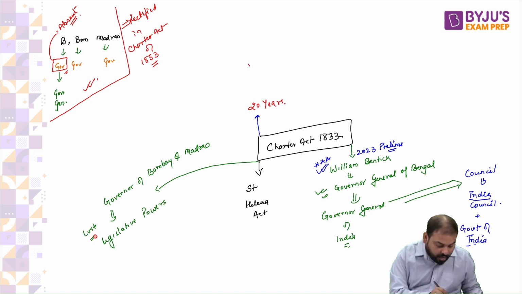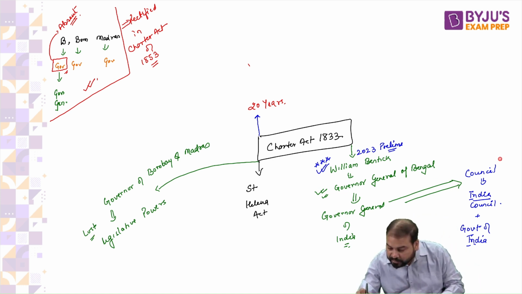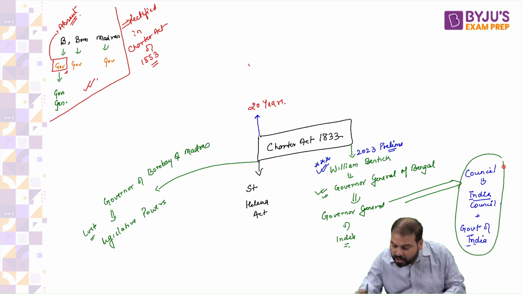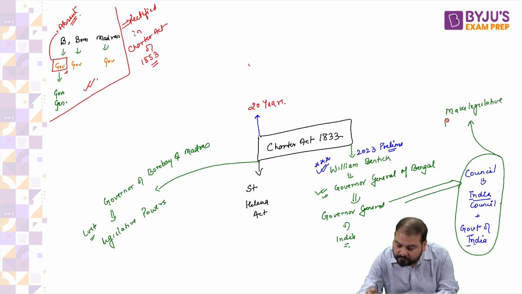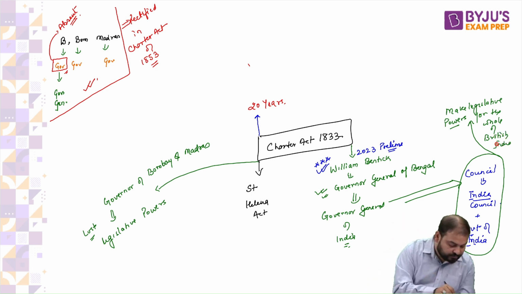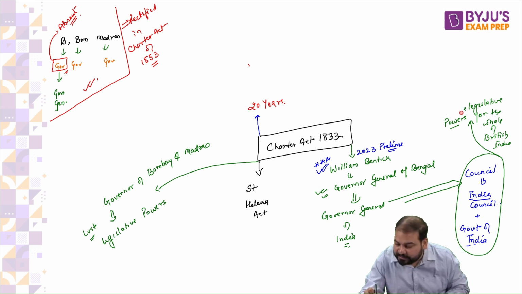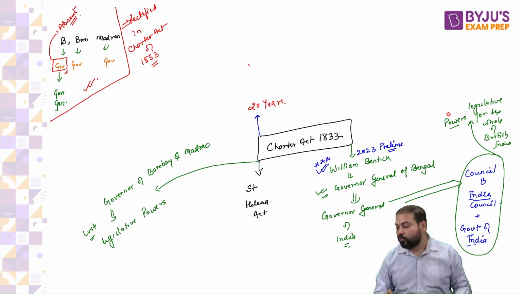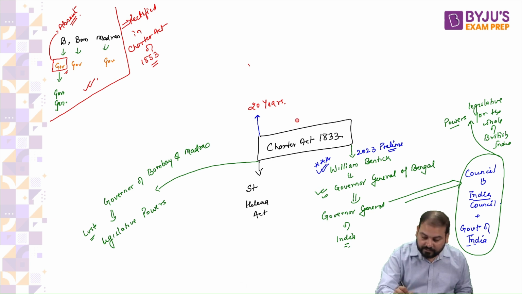That means this council, along with the Governor General, would make legislative laws, or they had the powers for the whole of British India. I'll just rub one word. They had the legislative powers now for the whole country. Everyone, is Charter Act 1833 clear?